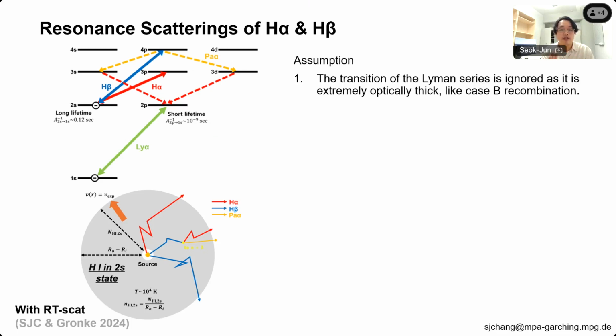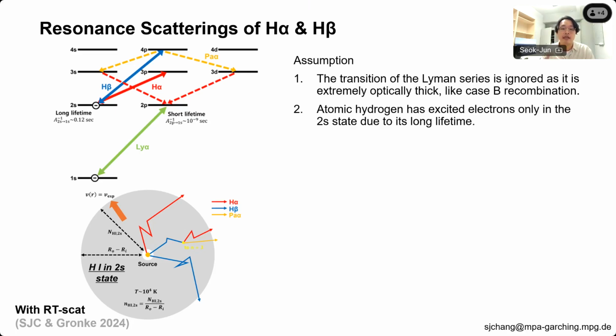First, the Lyman-series transition, meaning the excitation to the 1s state, is ignored, because this probably happens in dense gas that is optically thick. So the condition for Case B recombination, the on-the-spot approximation for the Lyman series, works well in this medium. Secondly, we only consider the 2s excited electron due to its long lifetime.